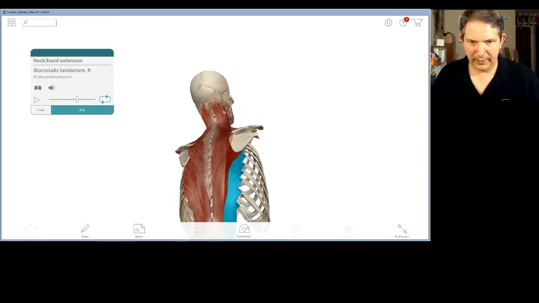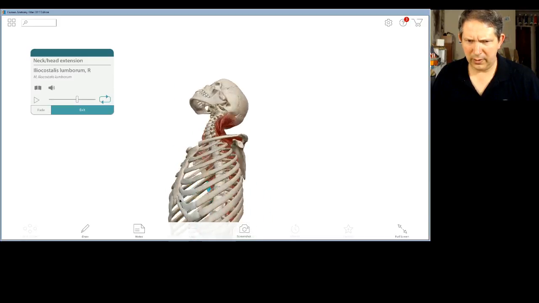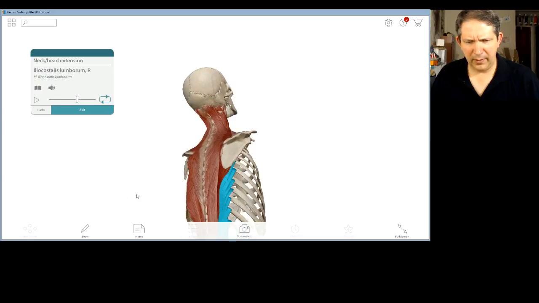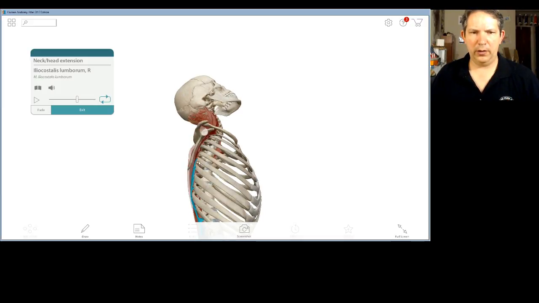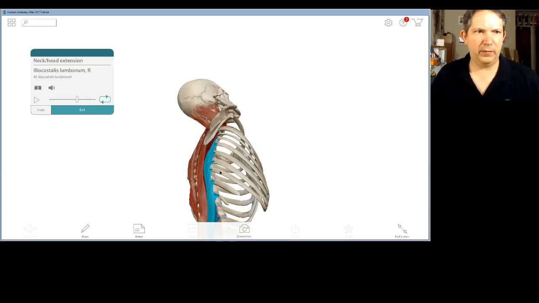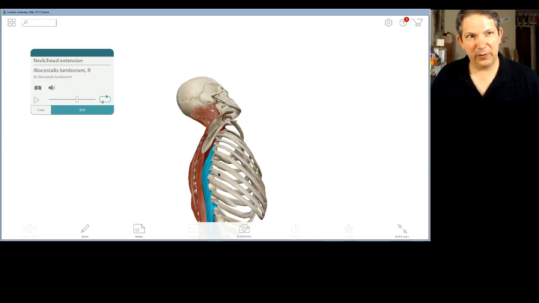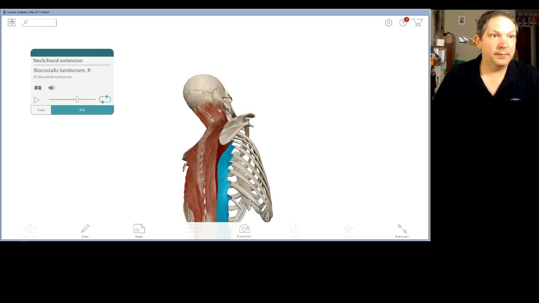Okay, and yet as you extend your neck, you're pulling your rib cage, you're kind of extending your whole back. I think I would have maybe not included this for neck and head extension, maybe just extension of the spinal column, but anyhow.